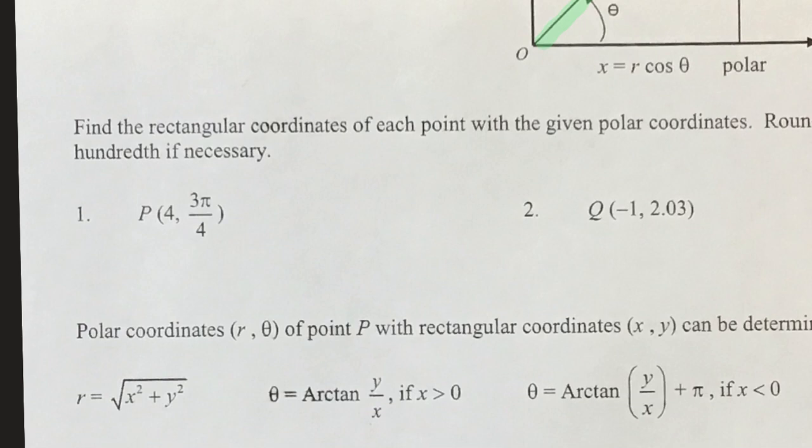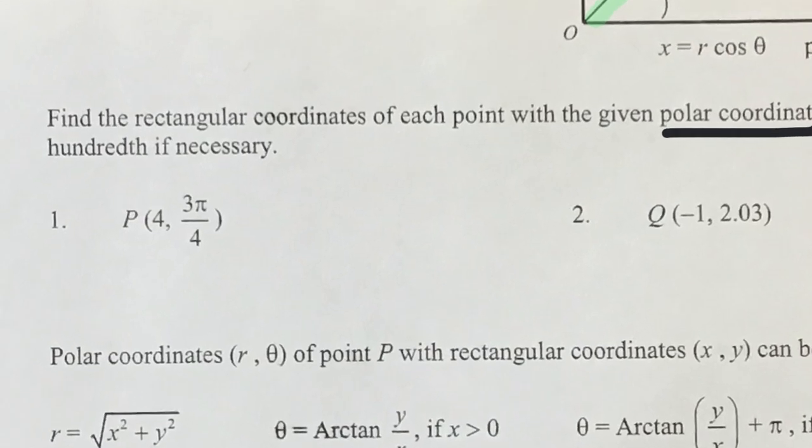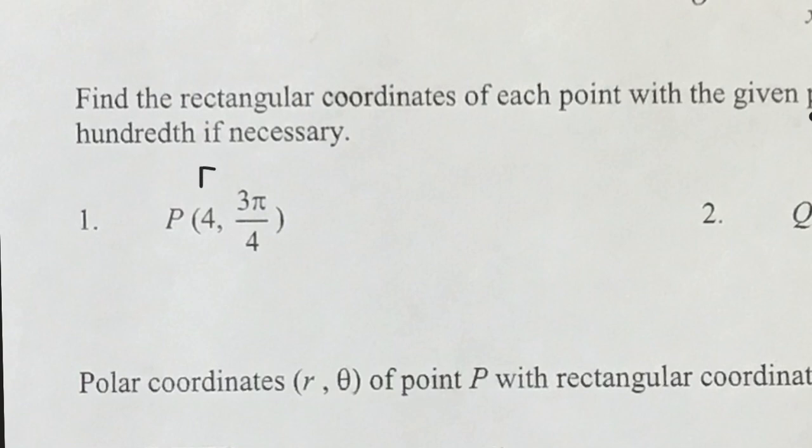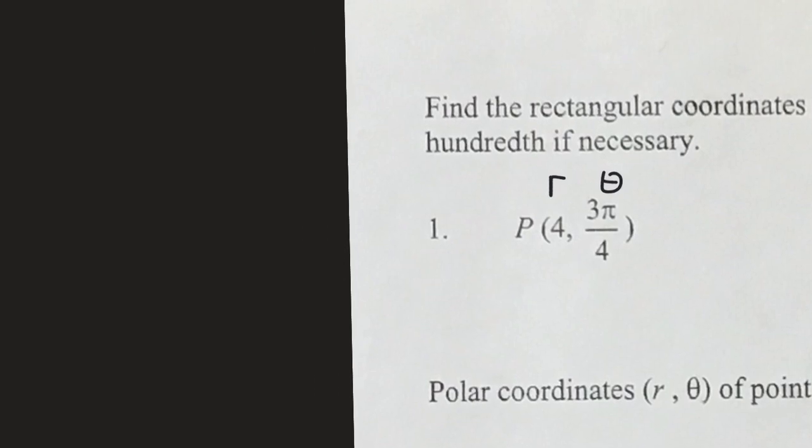So this says find the rectangular coordinates given the polar coordinates. That must mean that these are a polar coordinate. So this is your radius and your angle. Just for fun, let's take a second and see where on your polar grid that is going to be.